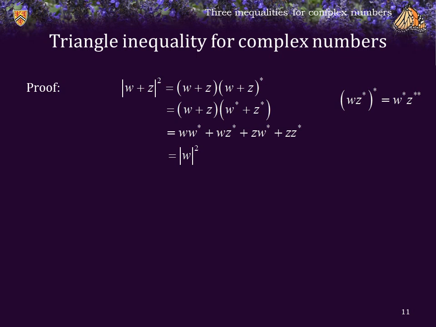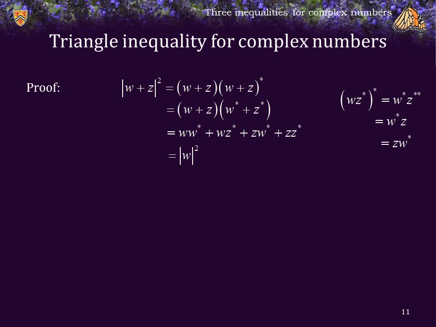But the conjugate of a conjugate is the value itself, so this is just equal to w star z. And complex multiplication is commutative, so I can write it in the opposite order. Oh, wait a second. That says that the third term is the conjugate of the second term.